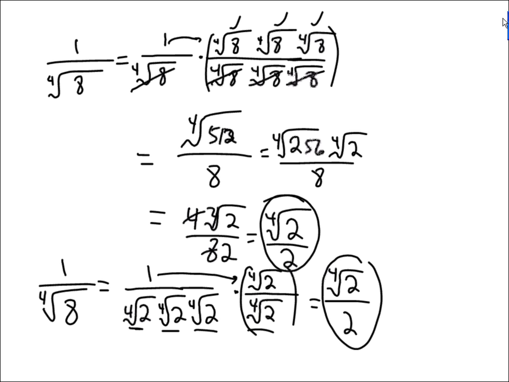The fourth root of 2 times the fourth root of 2, 4 times gives me 2. Since I had it 3 times, I just needed it 1 more time. If I only had it 2 times, I would need it 2 more times. So you definitely want to simplify first.